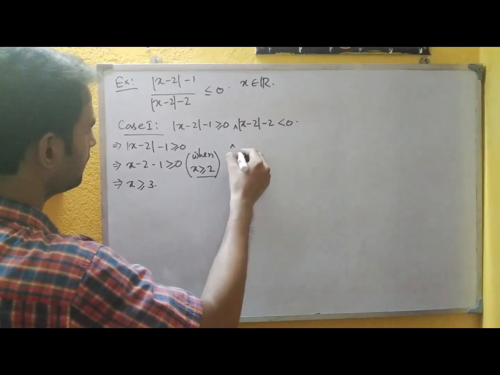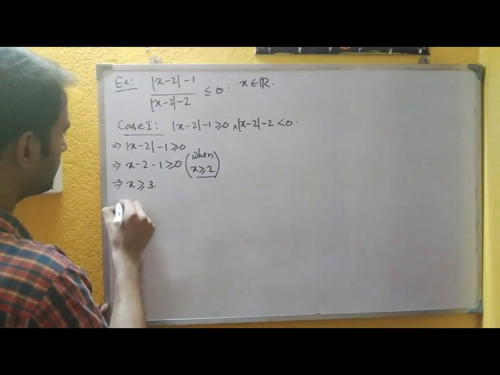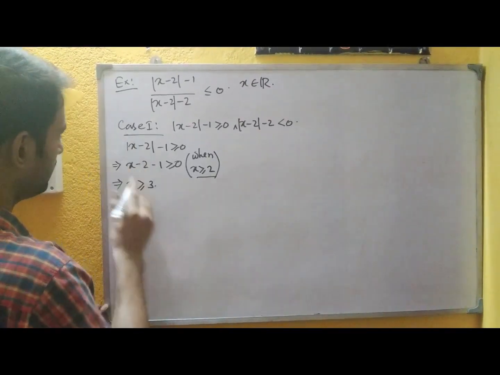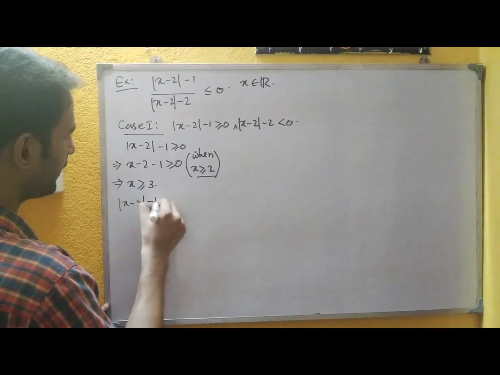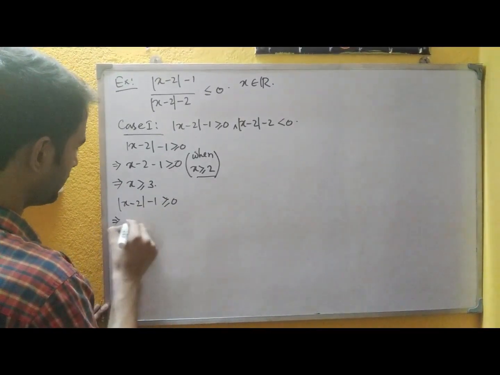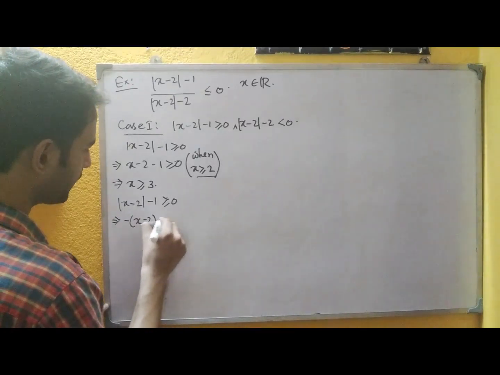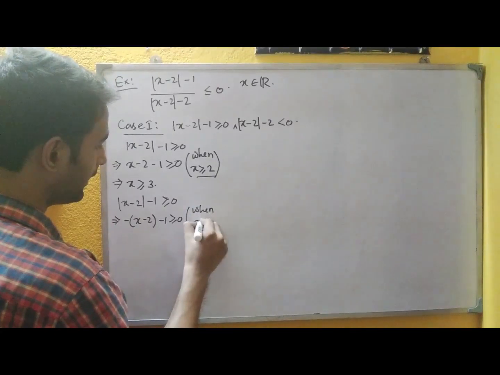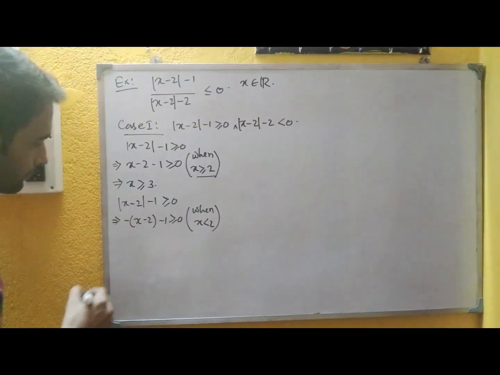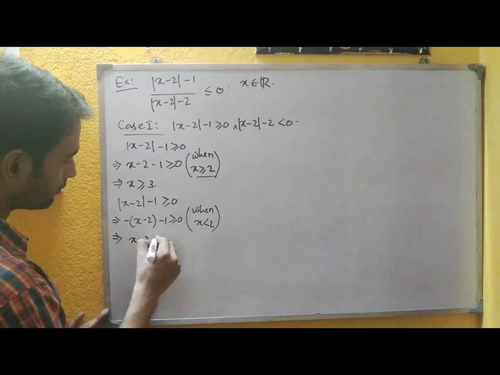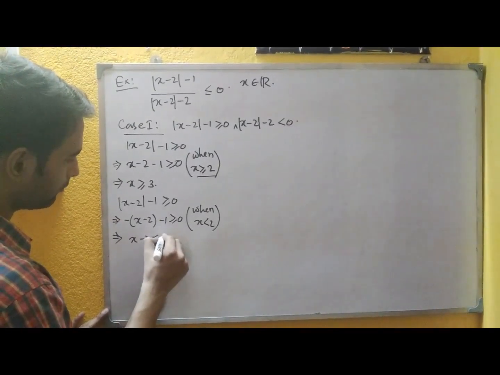And okay, another case is there, that is mod x minus 2 minus 1 greater or equals to 0, and this will give minus of x minus 2 minus 1 is greater or equals to 0 when x is less than 2.